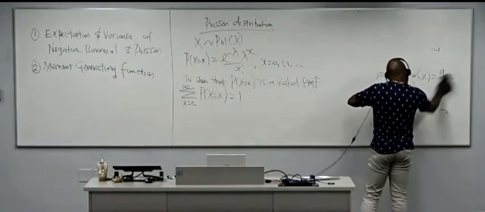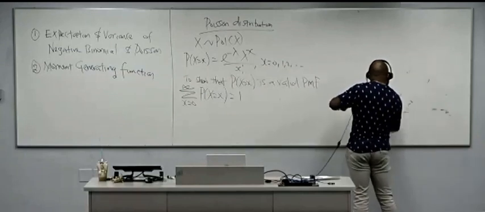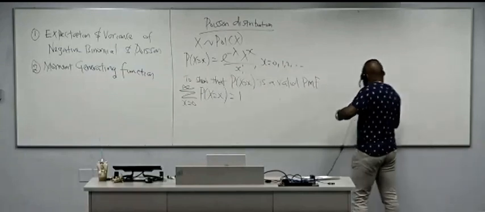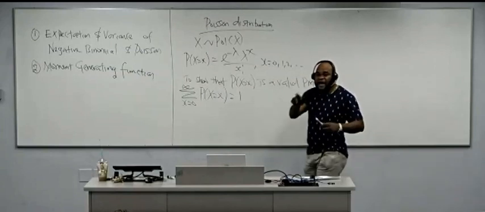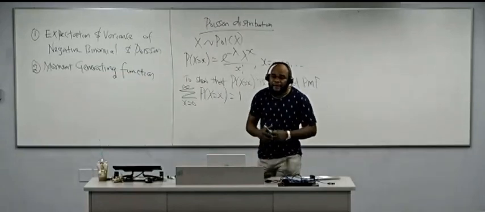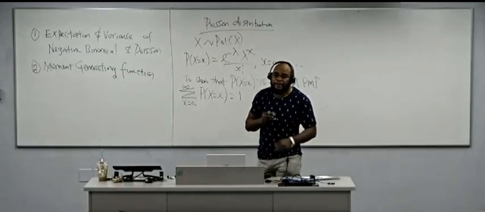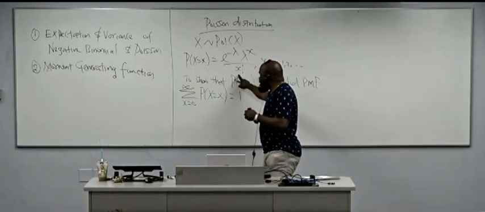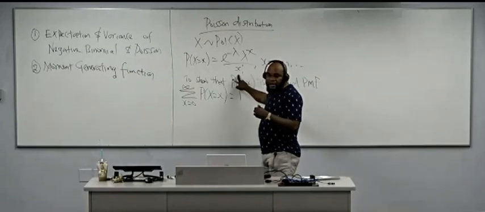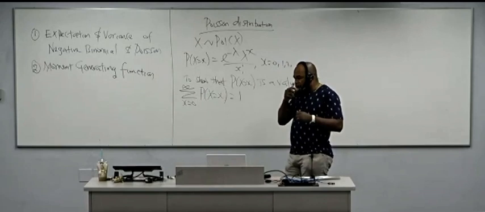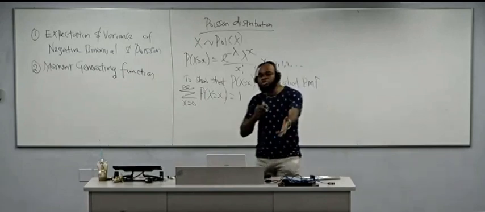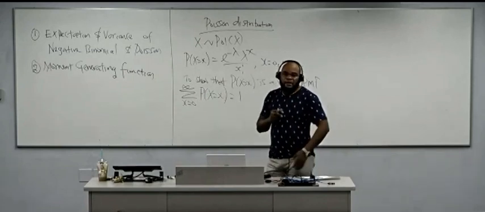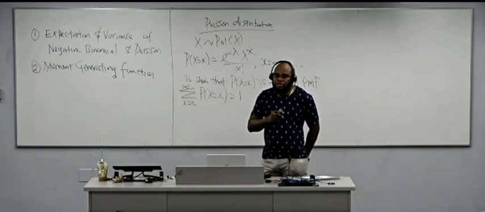Some of you may be wondering, why are we showing that it's a valid PMF? Yeah, divided by x factorial. Now, why do we need to show that a function is a probability function?